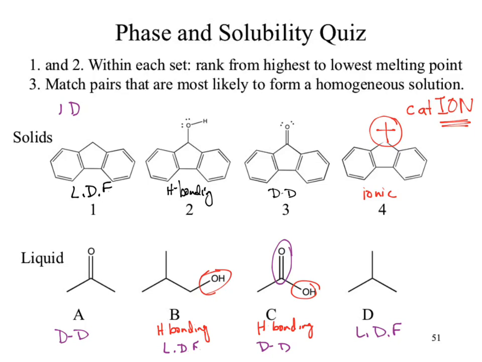Okay. 2 is hydrogen bonding. 2 gets tricky because there's 2 hydrogen bonding options. Which one's right? They would probably both be equally valid. You could go through and say 2B, or you could go through and say 2D. They're both hydrogen bonding solvents.